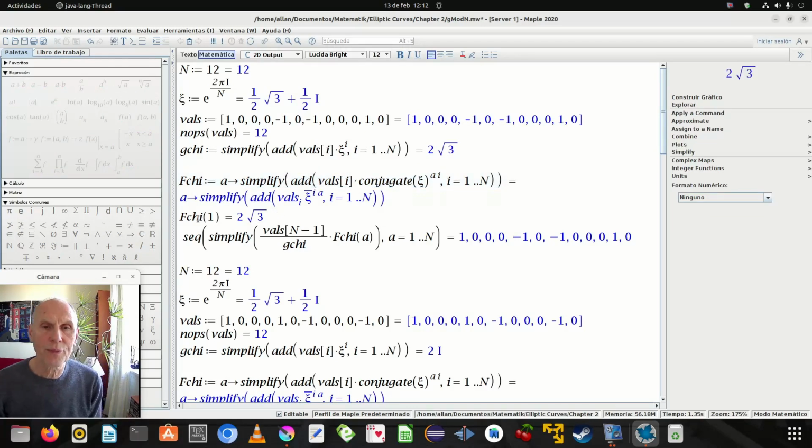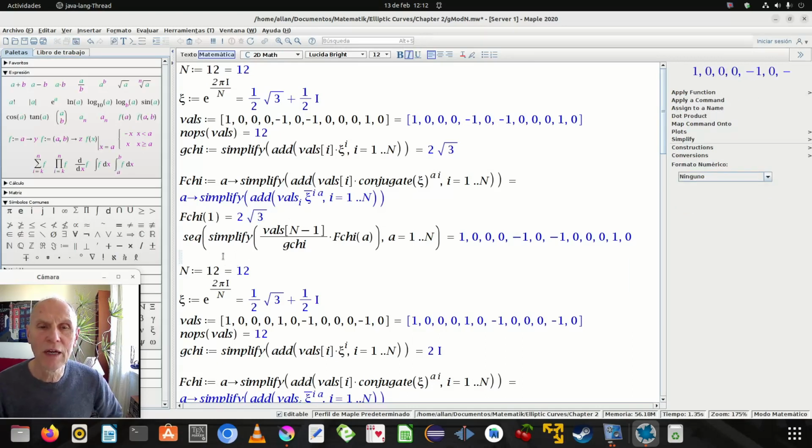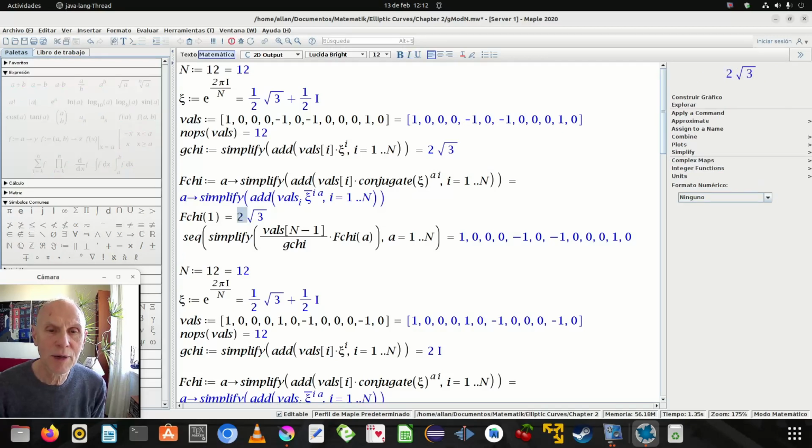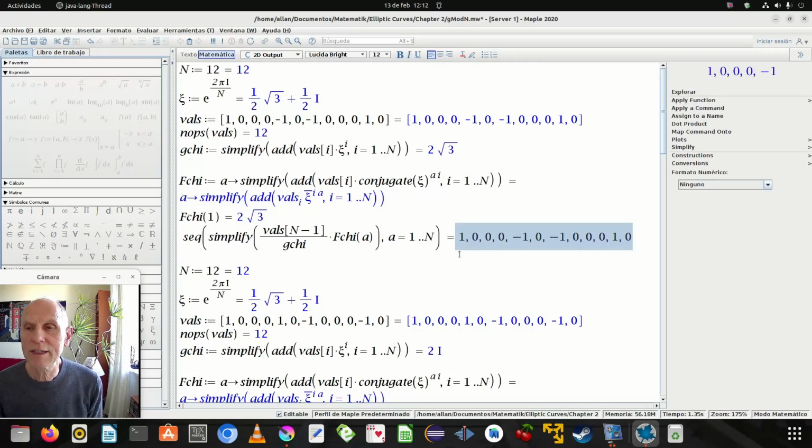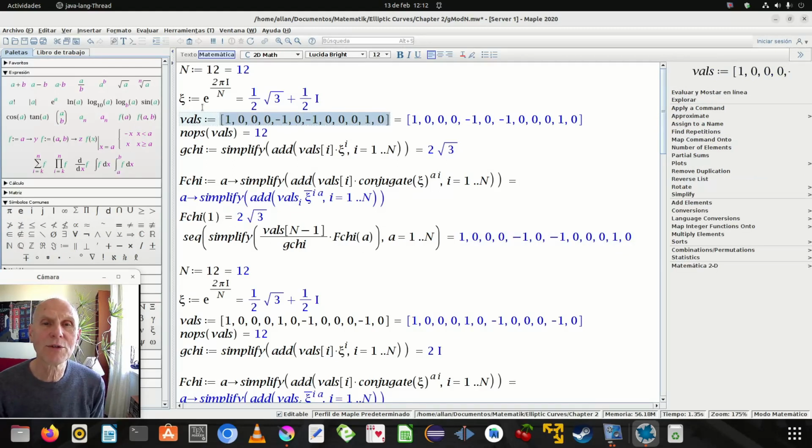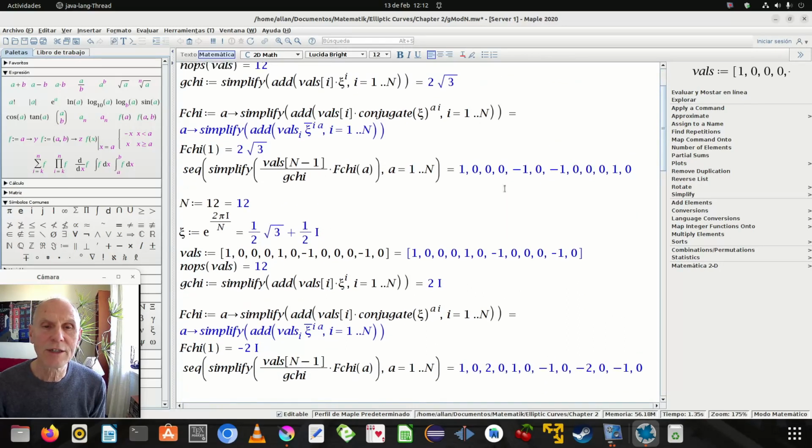And yeah, I already knew that the Fourier transform of chi taken of 1 gave exactly g of chi. I just wanted to see that happen in reality. And then we compute the Fourier transform divided by the value at unity, and it's identical to the values of chi itself. This is when I had finished doing it. Then I did the same with a non-primitive character.